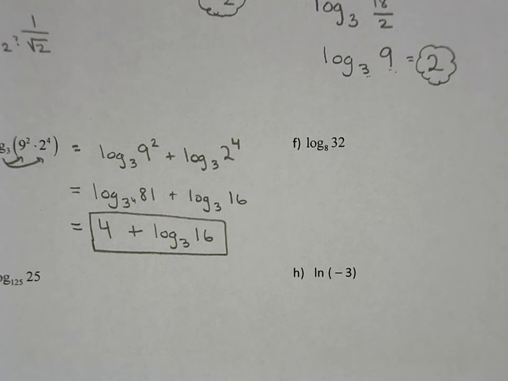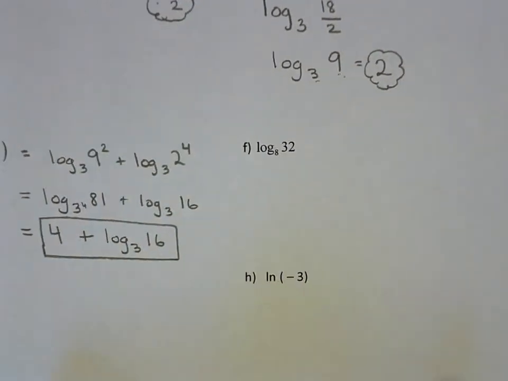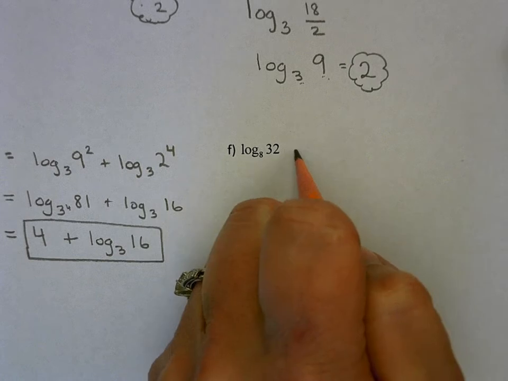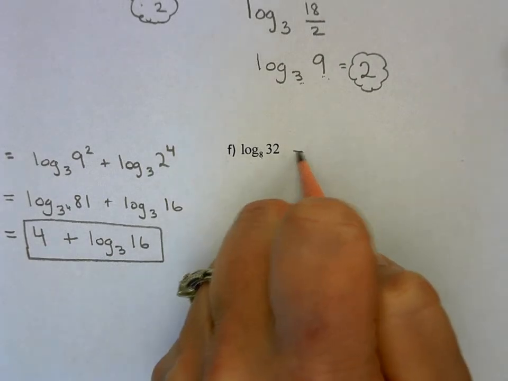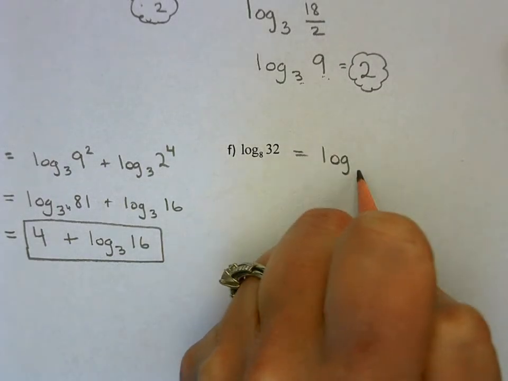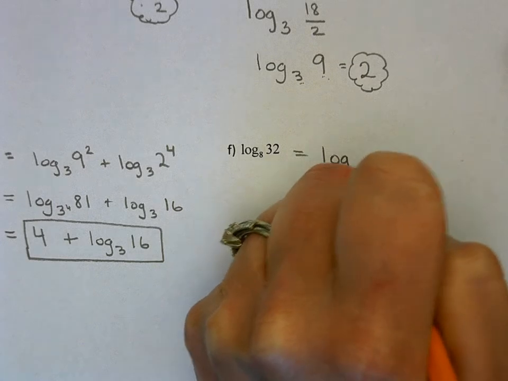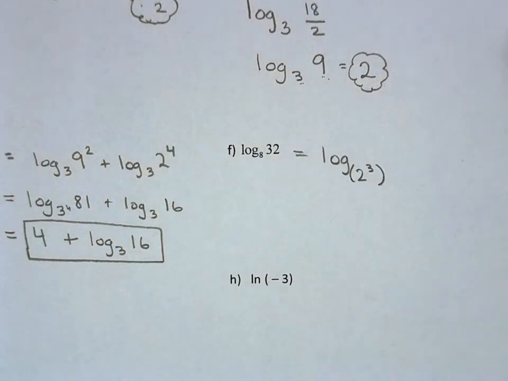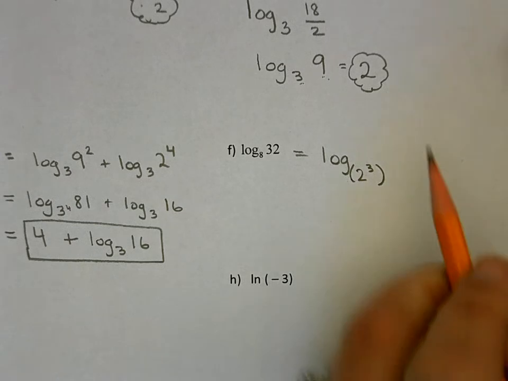And so I'm going to show you 2 ways on this problem, which sometimes is good and sometimes is not. So first, 8 is 2 to the third. So I know that 8 is 2 to the power of 3. And then I know that 32 is 2 to the fifth.